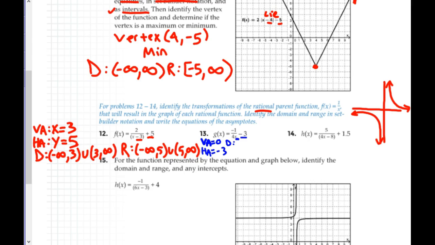The domain, oh whoops, x equals 0, horizontal asymptote, y equals negative 3. So the domain, negative infinity to 0, 0 to infinity. The range, negative infinity to negative 3.